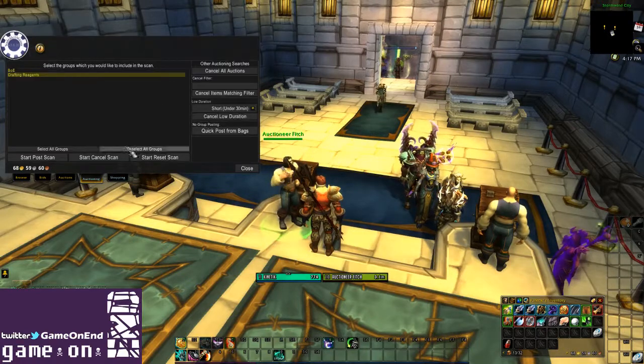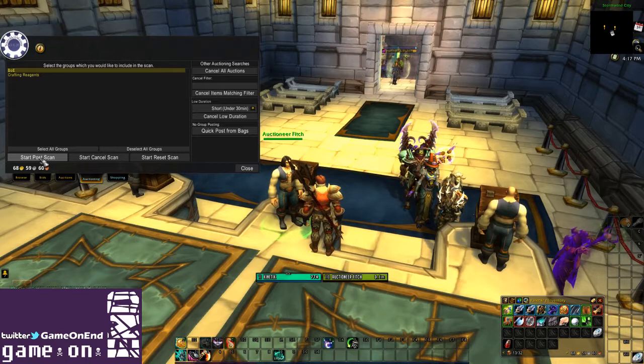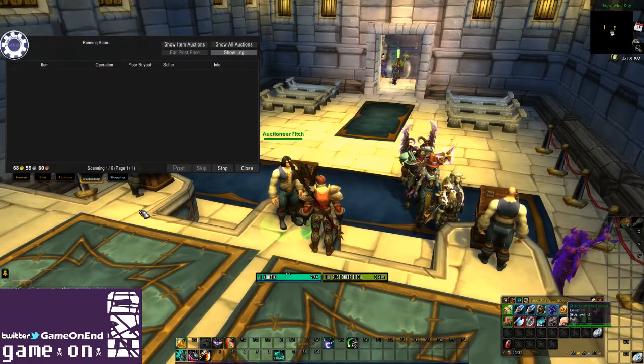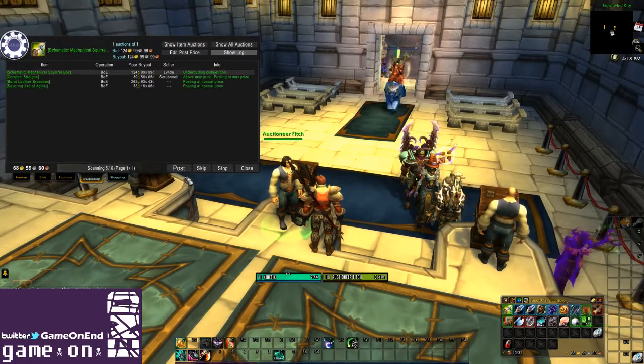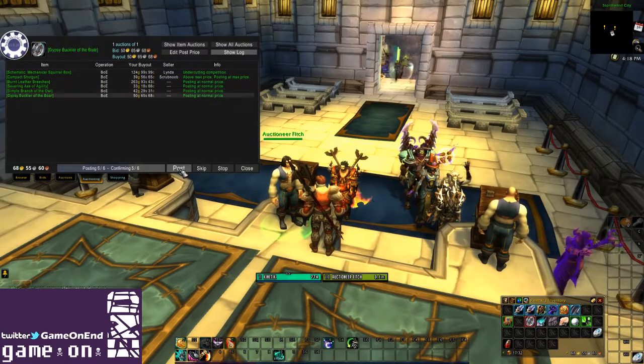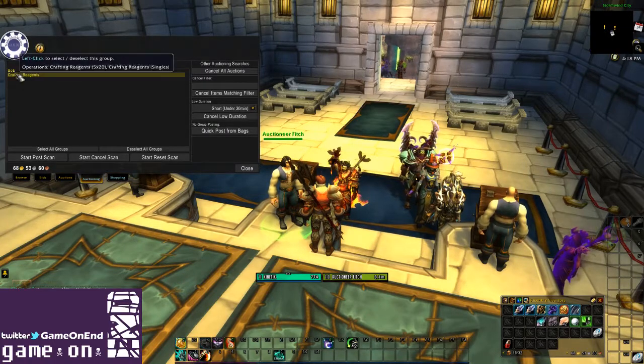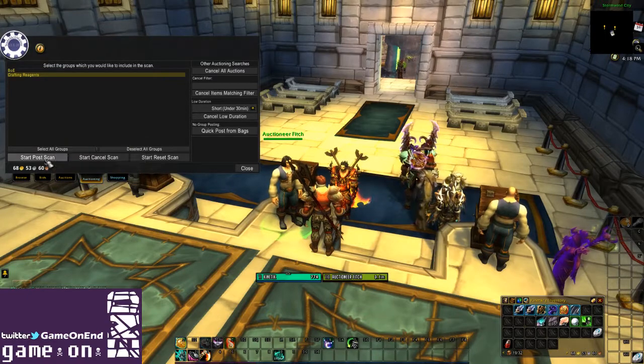Alright, so let's switch over to our auctioning tab. Let's get our BOEs back up. Okay, and restart this. And now let's take a look at the crafting items here.